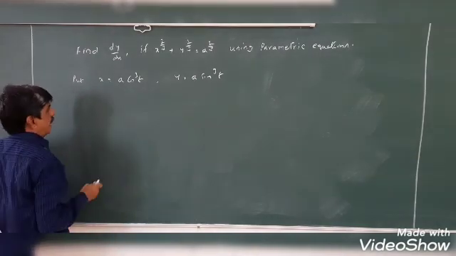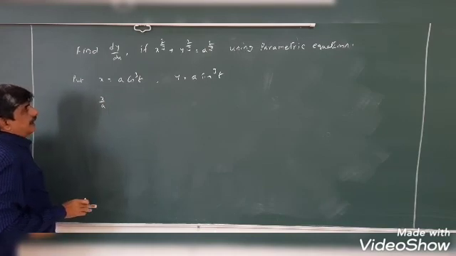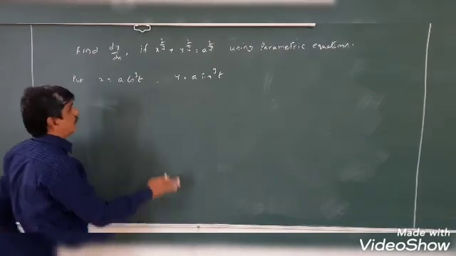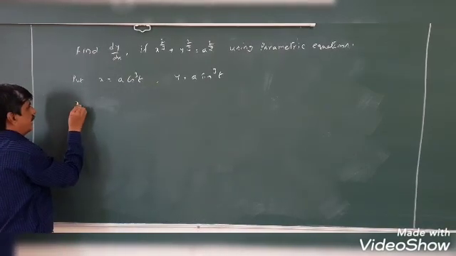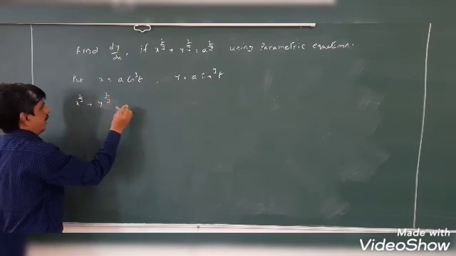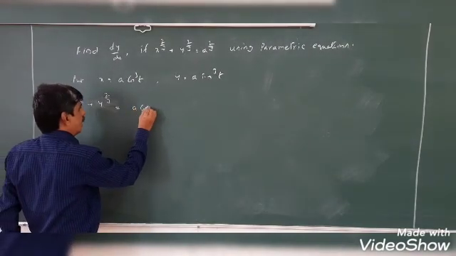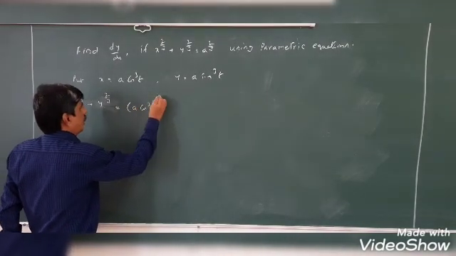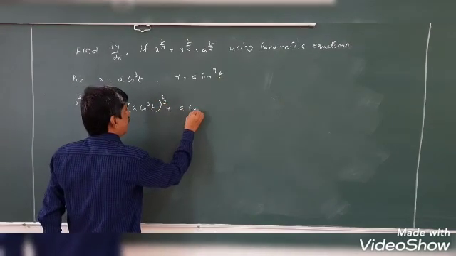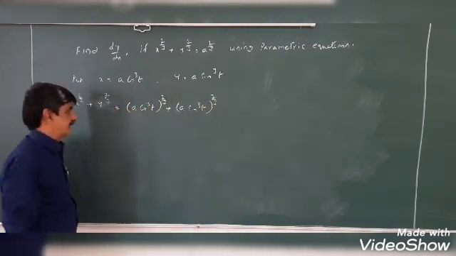x is equal to a cos cubed t and y is equal to a sin cubed t. Substitute in x to the power of 2 by 3 plus y to the power of 2 by 3. So a cos cube t whole power 2 by 3 plus a sin cube t whole power 2 by 3.